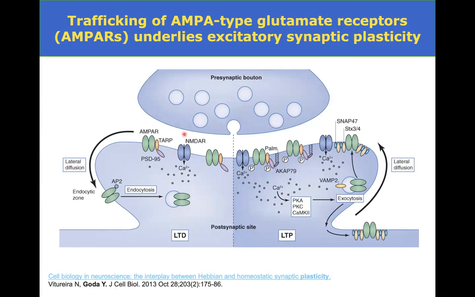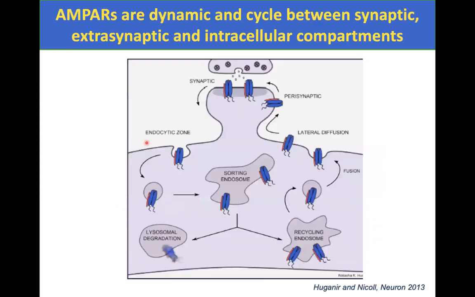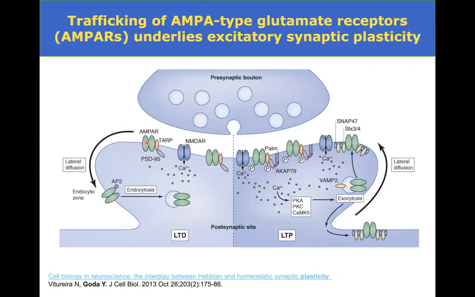So for instance, the AMPA-type receptors, which are schematized here in green, correlate with how strong a synapse is. So if you have more AMPA receptors in your synapse, you will have a stronger synaptic connection.